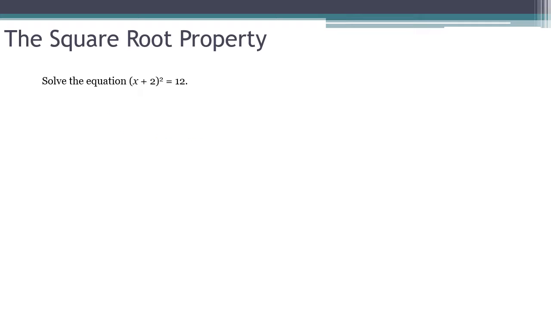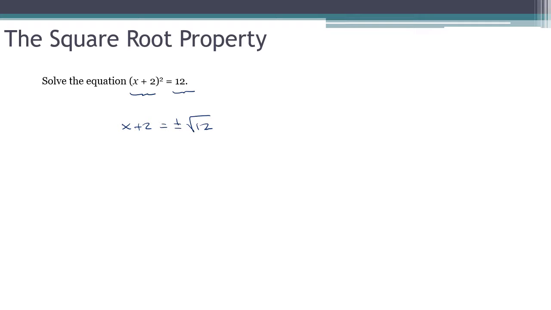All right, so let's look at another one here. This one, there is one other little twist to this. So let's use our method again. You see we do have the right setup. We've got something squared equals a number. So this means x plus 2 equals plus or minus the square root of 12. Remember, with square roots, you always have to stop and ask, can I simplify this?